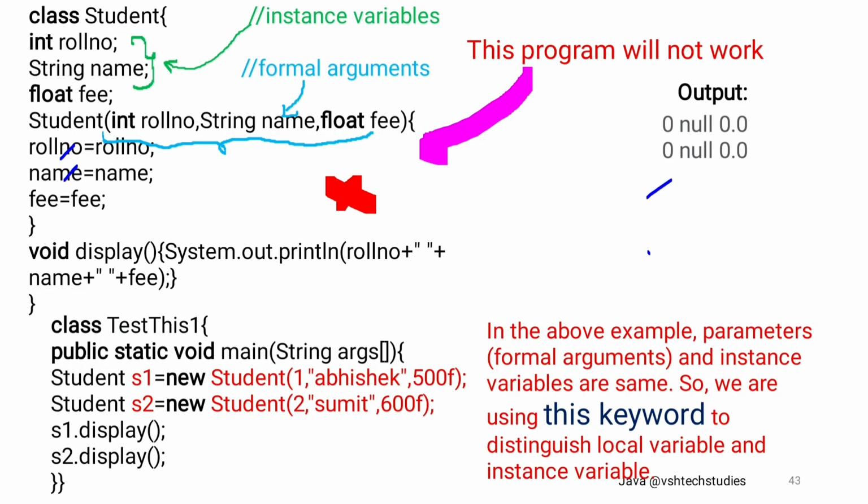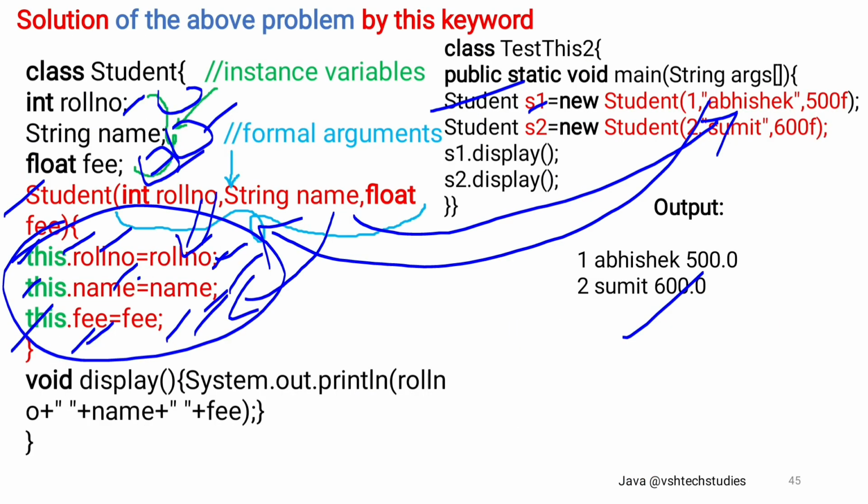Here actually there was no output when this was not used and the naming conflict was there. That is resolved here. This code is changed with the this reference variable, hence we get the output.